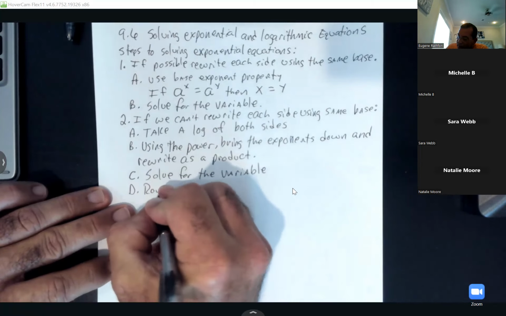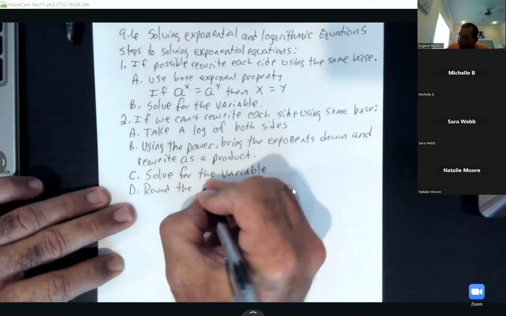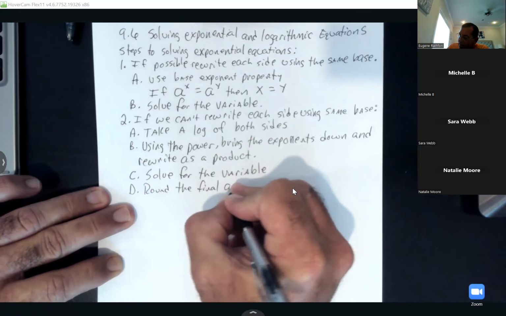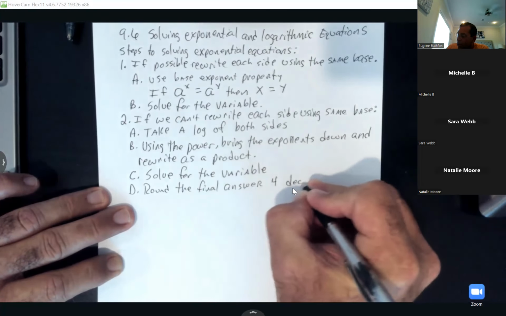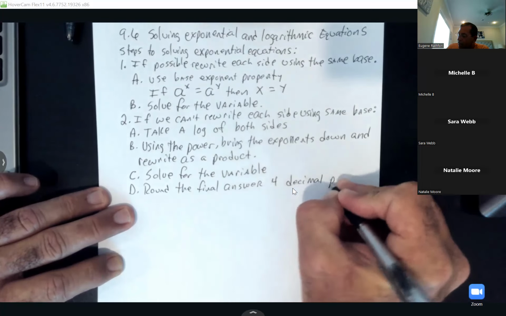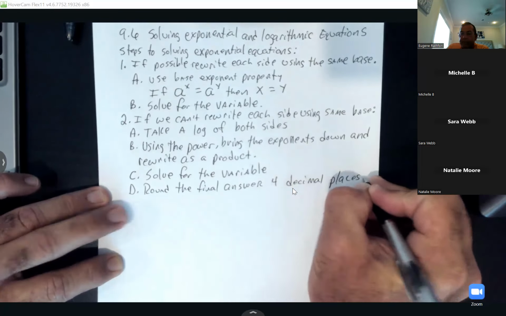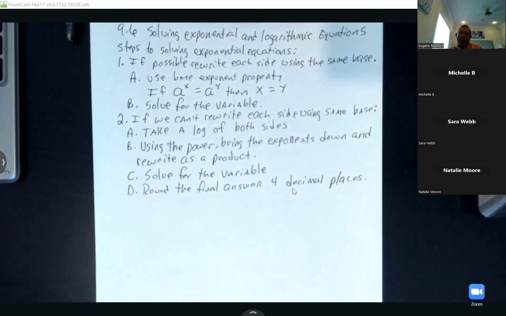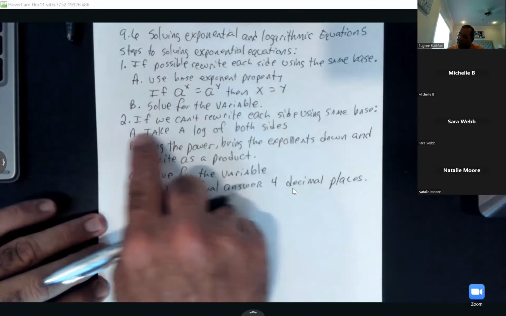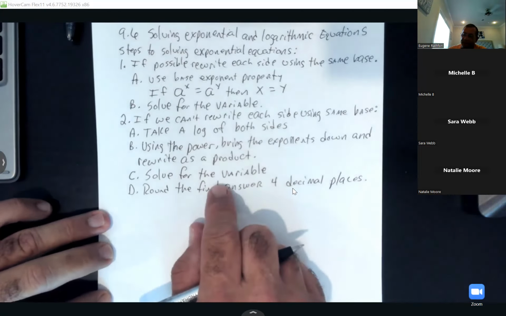So round the final answer to four decimal places. Okay, so remember, the first thing we hope we can do is rewrite these. If we cannot rewrite them, then we got to do all this log stuff, okay?